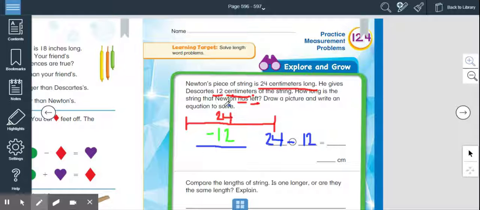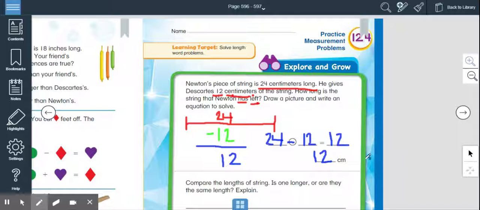So 4 minus 2, we know, is 2. 2 minus 1 is 1. So our answer for 24, take away 12, is 12. So we know that Newton has 12 centimeters left after giving Descartes half of his string.